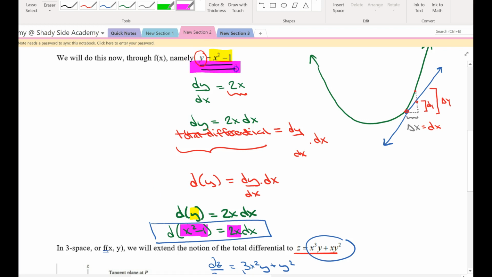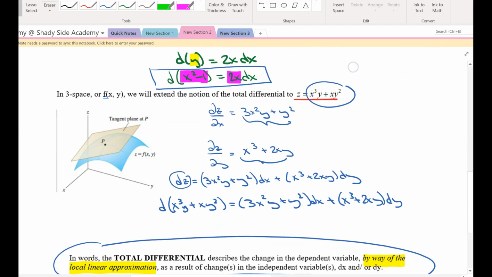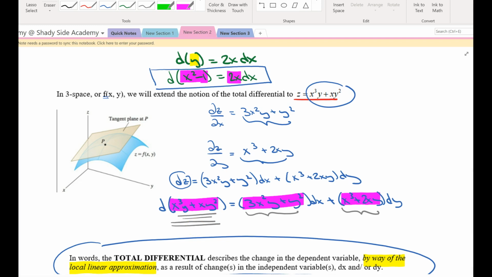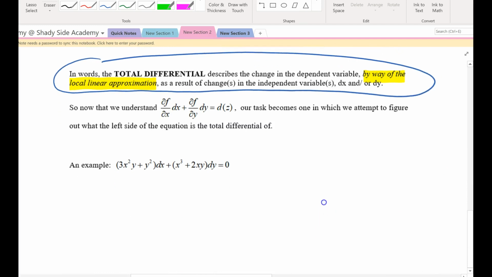That's where I started, up here. Similarly, the relationship between here and these: in this situation, this is the partial derivative of z with respect to x. This is the partial derivative of z with respect to y. That connection is going to become very, very important right now.